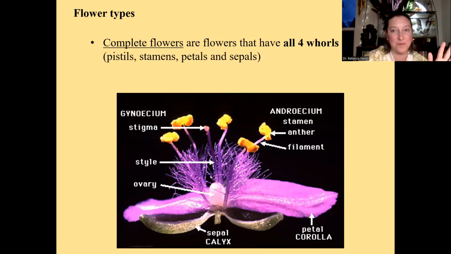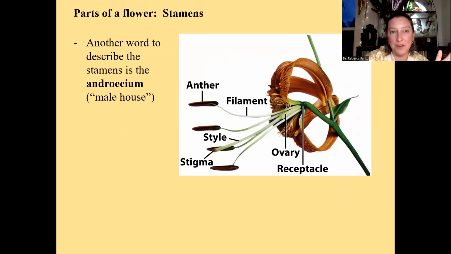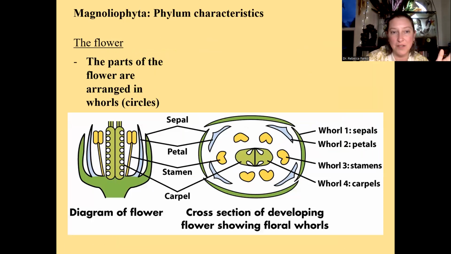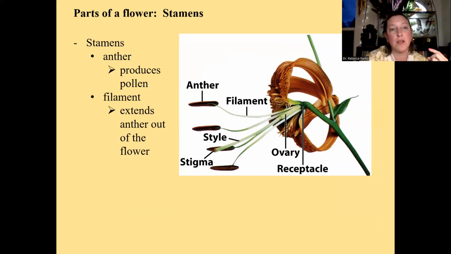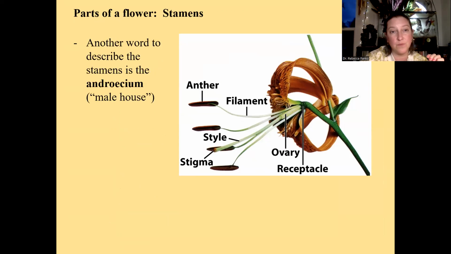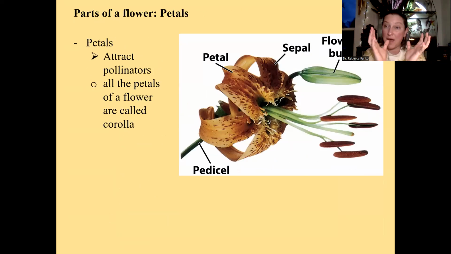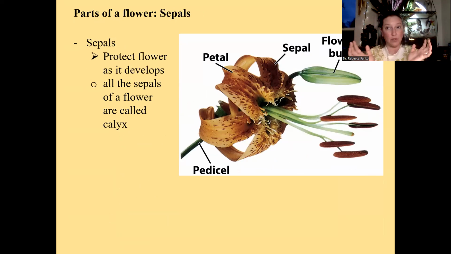Last thing, so right, parts of the flower are arranged in whorls. Pistil, aka carpel, is a female part made up of these parts. Stamens are the male parts made up of these 2 things, anther and filament. Next you have the petals, and then next you have the sepals.